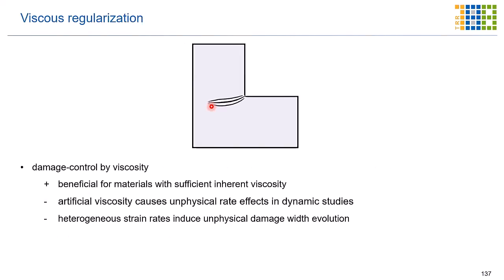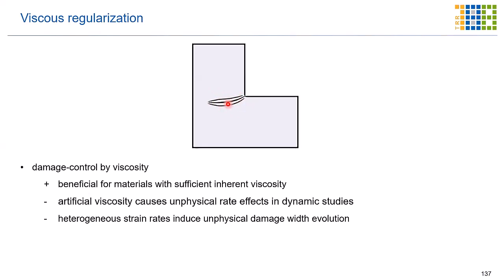Another option would be the viscous regularization. It puts in an inherent viscosity, and viscosity is usually related to velocities or velocity gradients. So you have another time scale, and the time scale transfers via viscosity to this length scale, or to this width of the damage zone.